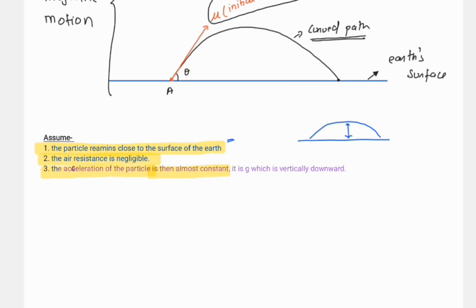Only one acceleration is there, which is g, the gravitational acceleration, and we know it works downward. We need to consider these three points while solving the numericals of projectile motion.